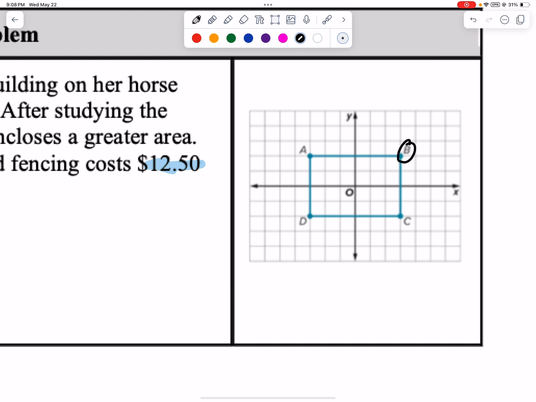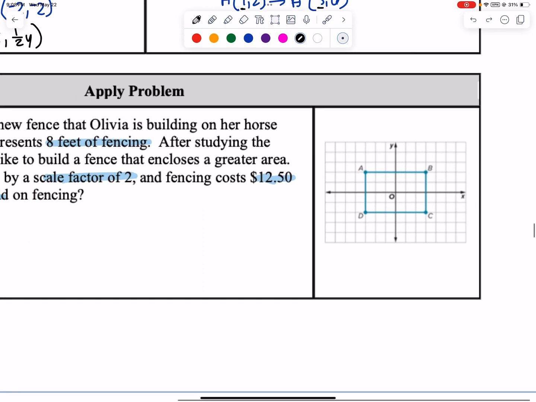And if I dilate every ordered pair by the scale factor, it's going to send things out like this from the origin. Just a couple things to be aware of in how you're going to enlarge or dilate the shape.